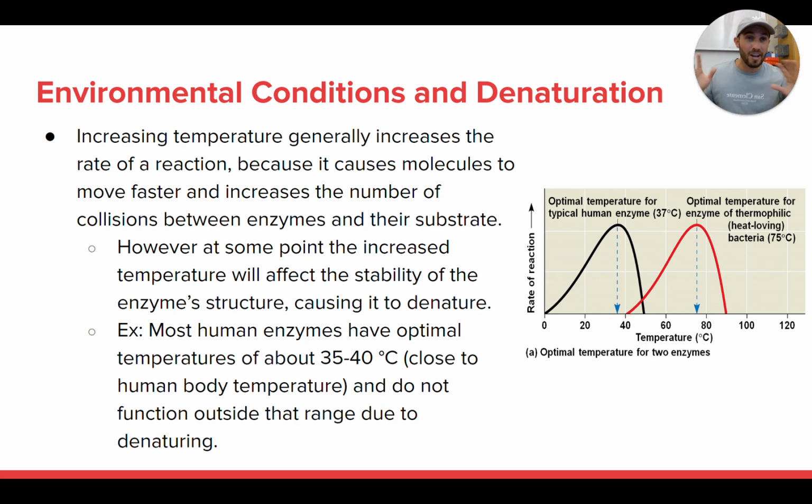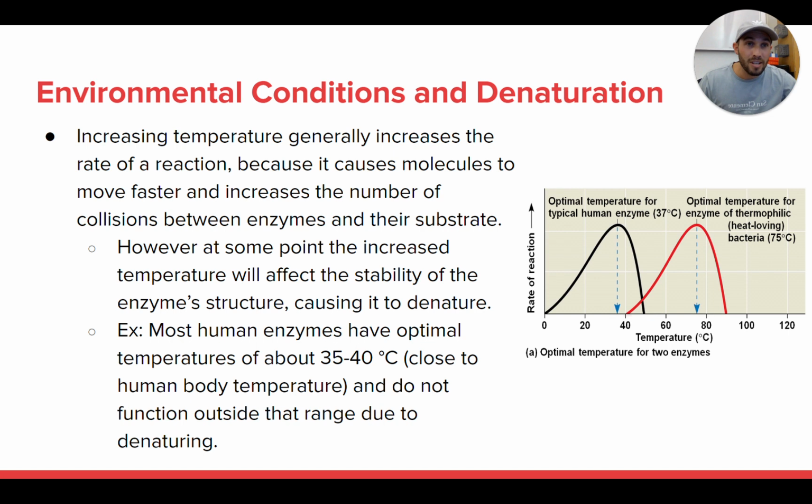If we're just talking about chemical reactions, like one taking place on my desk when I mix chemicals together, that reaction is always going to happen faster when you increase the temperature. Because when you increase the temperature, molecules move around faster, and that's going to cause them to collide more often and the reaction to happen faster.